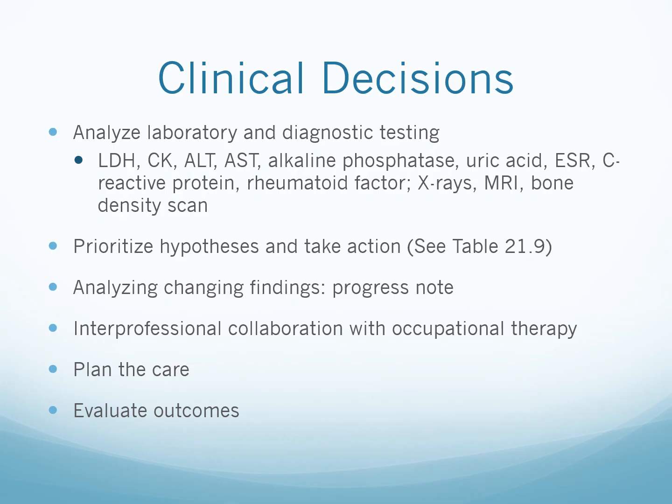And let's just finally go through some of the specific lab and diagnostic tests commonly associated with musculoskeletal disorders and what they can tell us clinically. So LDH, this is lactate dehydrogenase. And LDH is an enzyme found in many tissues throughout the body, including muscle tissue. So when cells are damaged, LDH can be released into the bloodstream and elevated.